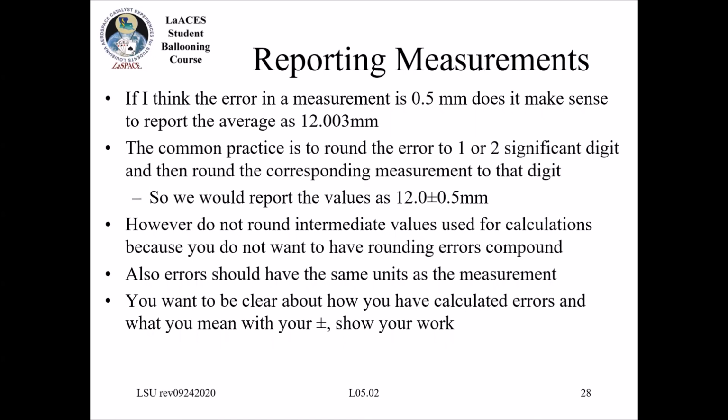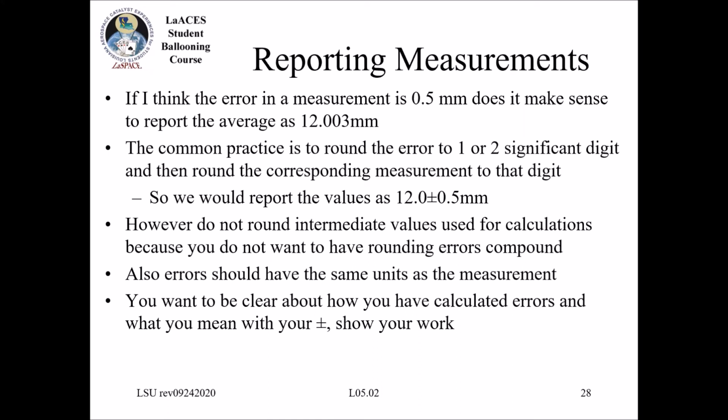Another important thing that goes into this error analysis is how you actually report your measurement and its associated error. One thing that doesn't make sense is if you think your measurement is only good to 0.5 millimeter, the error is 0.5 millimeter, why would you report its average down to 1/100 of a millimeter?